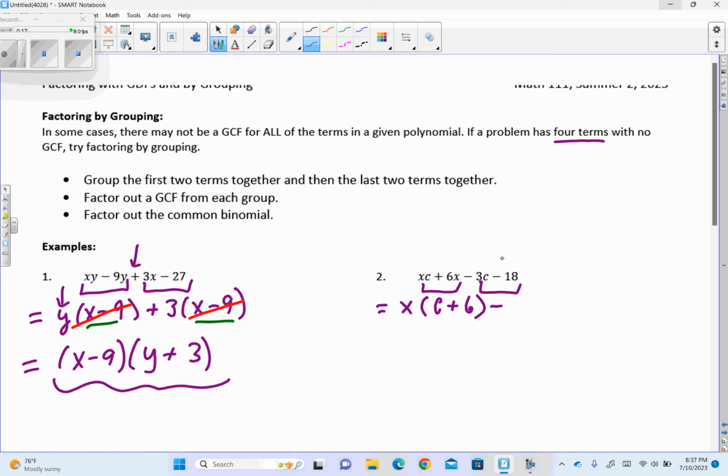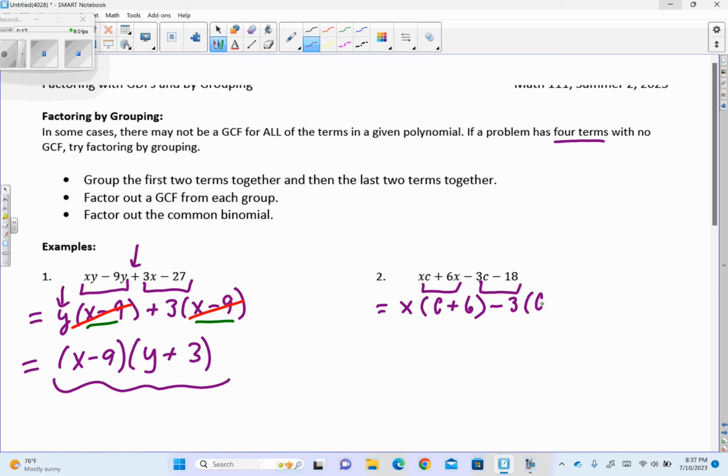The 3c and the negative 18, they don't share any common variables, so the only thing they have in common is a factor of 3. So if I factor out a negative 3, that's going to leave me with c.